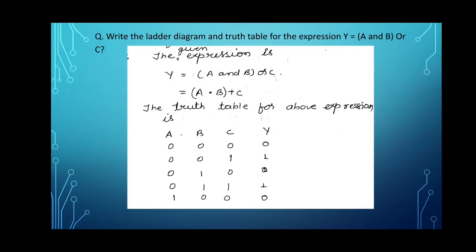The next question is: write the ladder diagram and truth table for the expression A and B or C. We know that ladder diagrams are used for implementing the basic digital logic gates and Boolean expressions, De Morgan's theorem and so on.